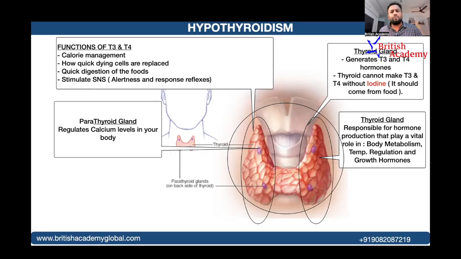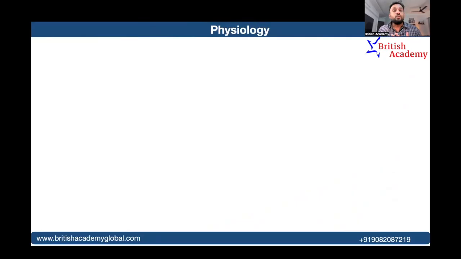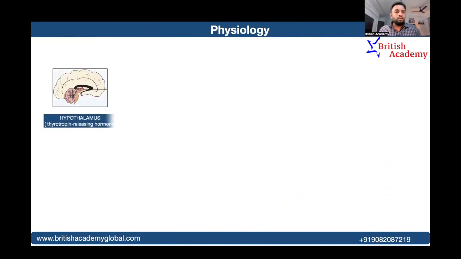So how does this happen? There is a mechanism, a physiology involved, which ultimately produces T3 and T4 hormones. Let's understand the physiology of T3 and T4. I will try to make it simple, in three steps. Everyone is aware of the hypothalamus.